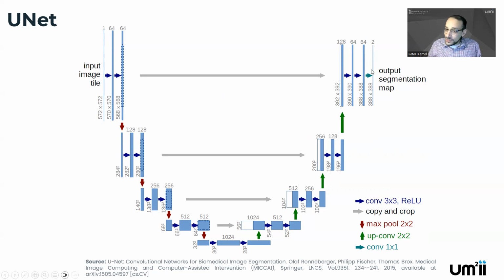The output here is the segmentation map, and here it's 2 channels, meaning there's going to be a 0 and a 1, referring to whether this is a stroke or not a stroke. The image size differs because they did some padding in the algorithm. But at the end, we're getting a segmentation map that tells us where the stroke is, or whether the pixel corresponds to a stroke or not. Everything in between is those mathematical operations that we talked about.